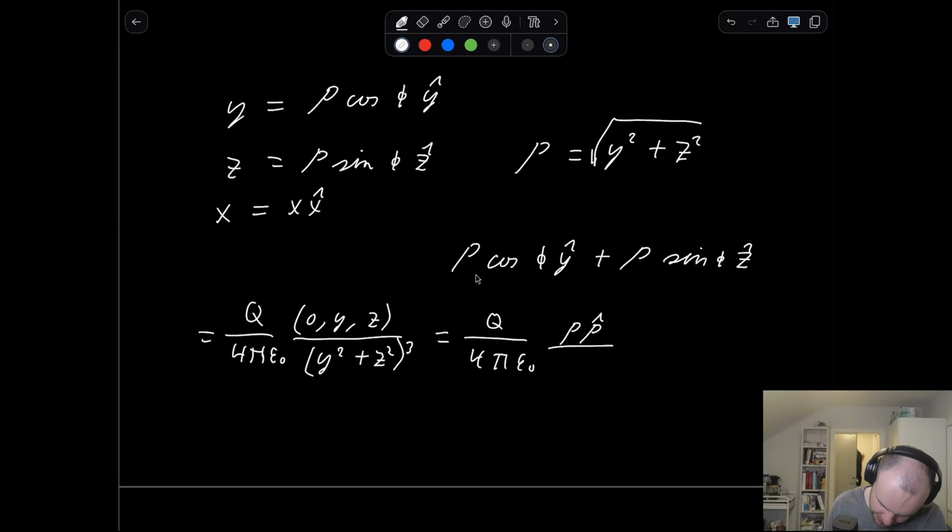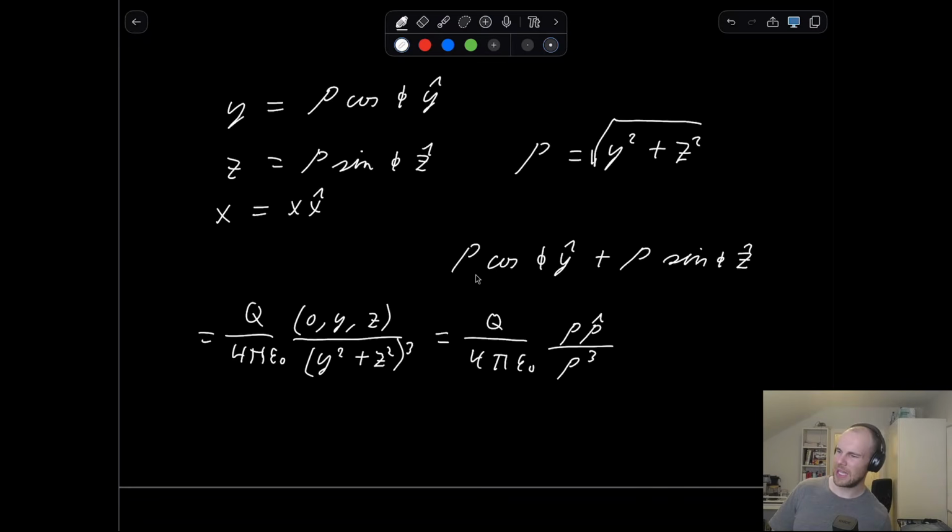Let's keep that for now. And of course here, this one gets very neat, but this is just rho cubed. I replaced that, that's rho in the rho hat direction.